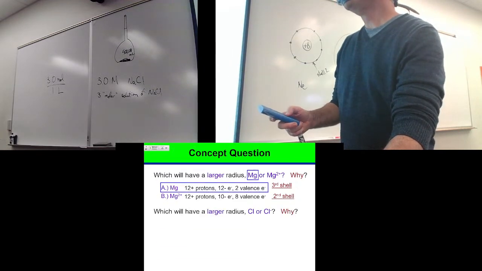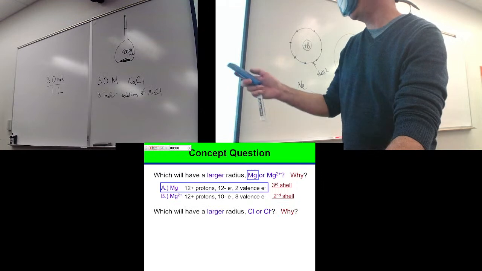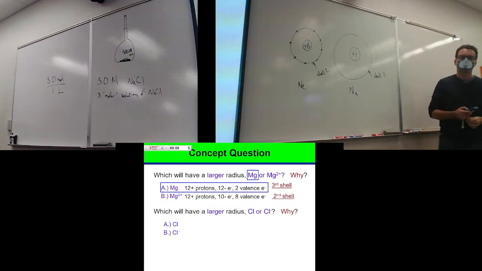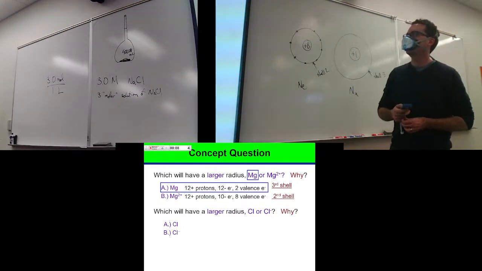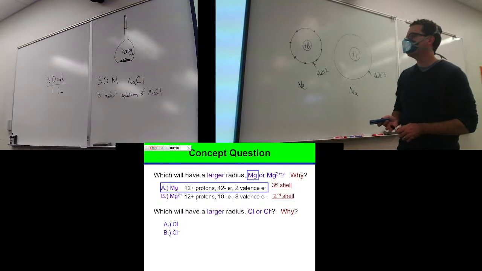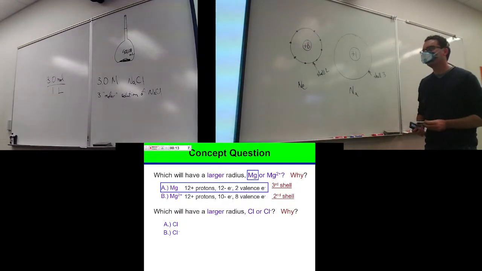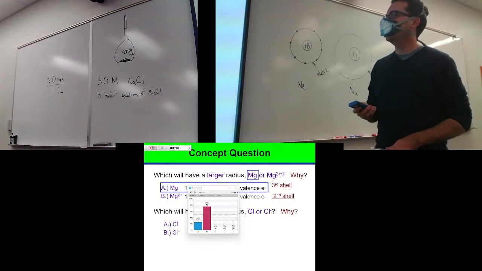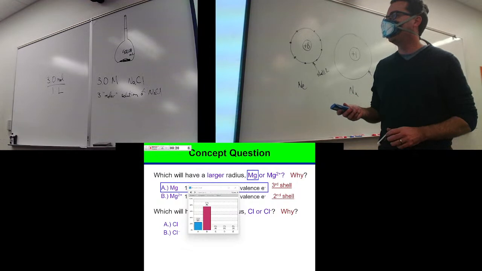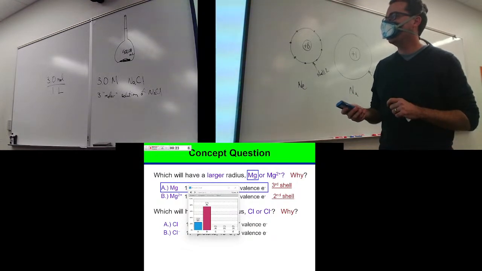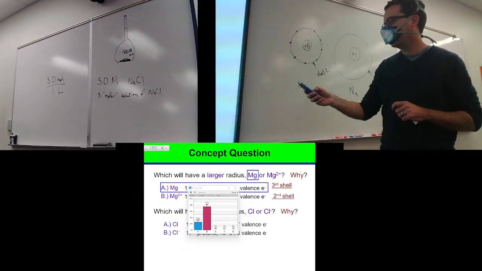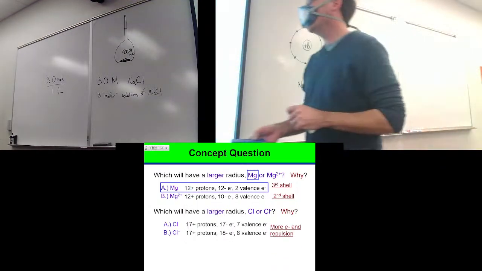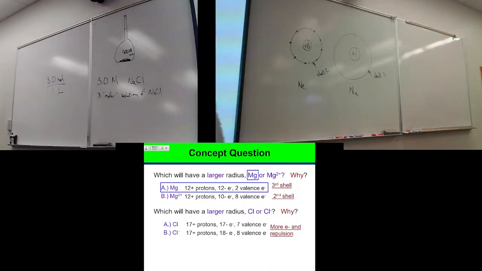Okay. All right, what about Cl versus Cl minus? Which is bigger? All right, this will be easy. Oh, we got a few differences of opinion here. The bigger one in this case is going to be B. The difference between them, they both have 17 protons.